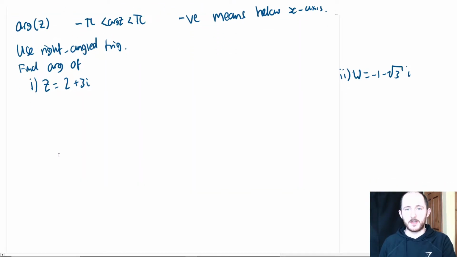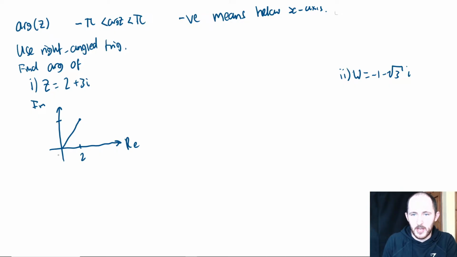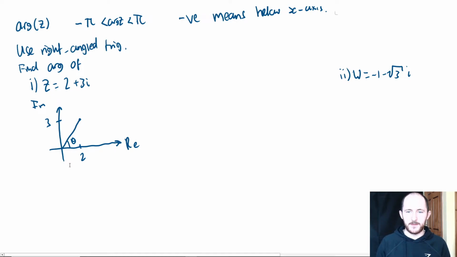So what we're going to do is first draw the Argand diagram. I know this is going to be in the top right quadrant, so I'm only going to draw the top right quadrant. We have Re here and we have Im here. I'm going to draw the line, and it's going to be 2 on the real axis, 3 on the imaginary axis, and we're trying to work out theta here. To do that, we have the opposite side, which is 3, and the adjacent side, which is 2, so we're going to be using tan.